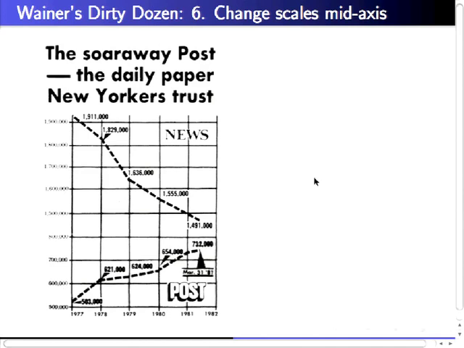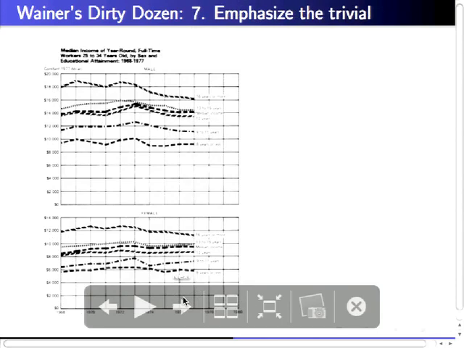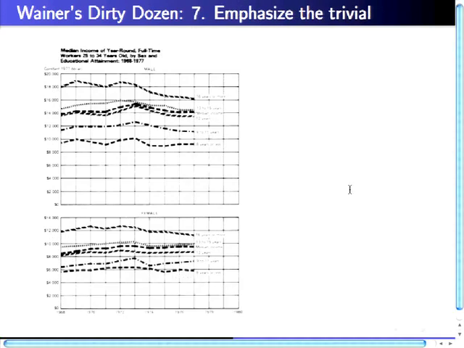Number 7, emphasize the trivial. What this plot is, there are two plots juxtaposed, females on the bottom, males on the top. This is years across the horizontal axis, 1968 to 1980. The vertical axis is dollars, and it's the median income for males and females, according to years of education.